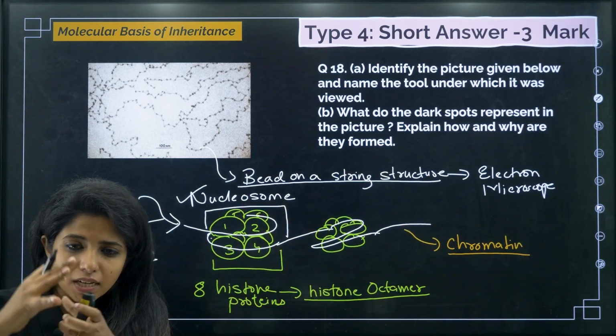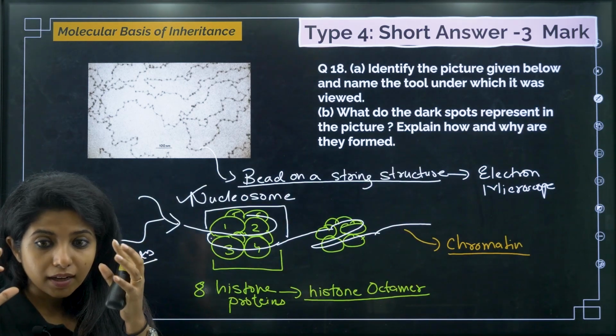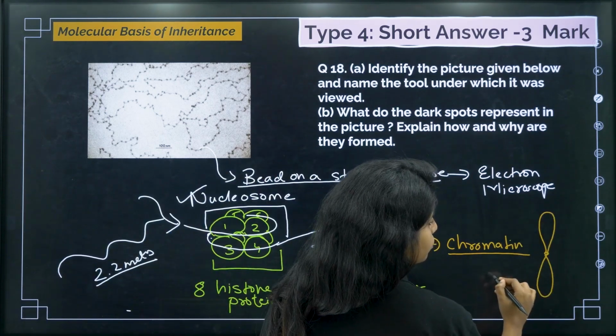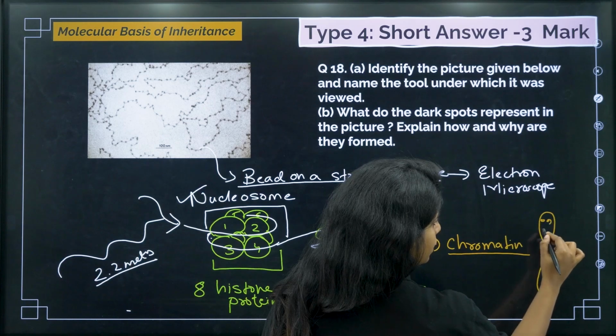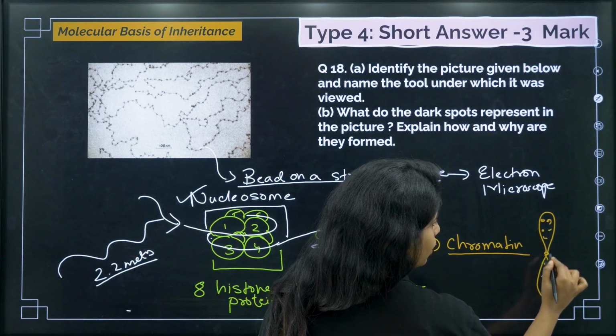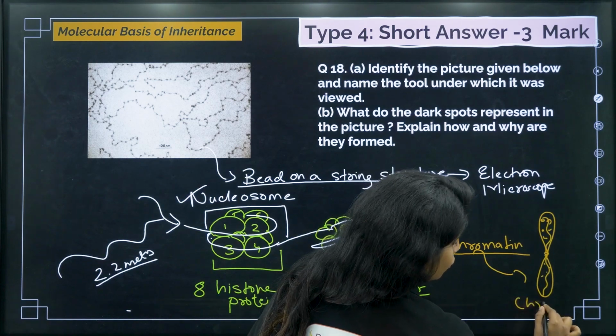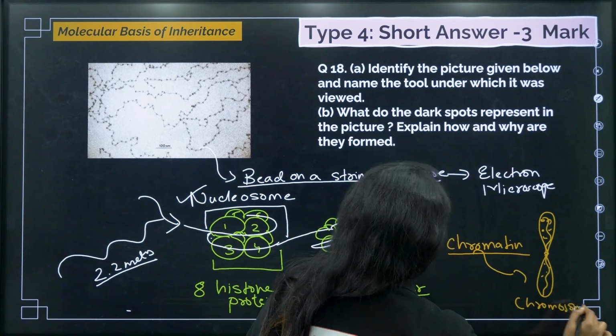Now when chromatin condenses more, it forms the chromosome. Over here you will find beads, all of them condensing around here, and this will reel down to a chromosome. That is the most condensed form.